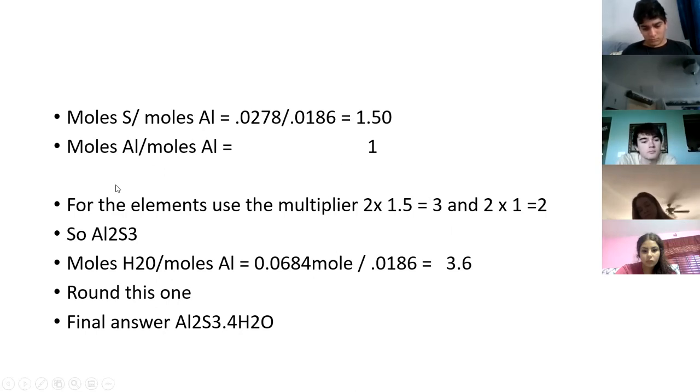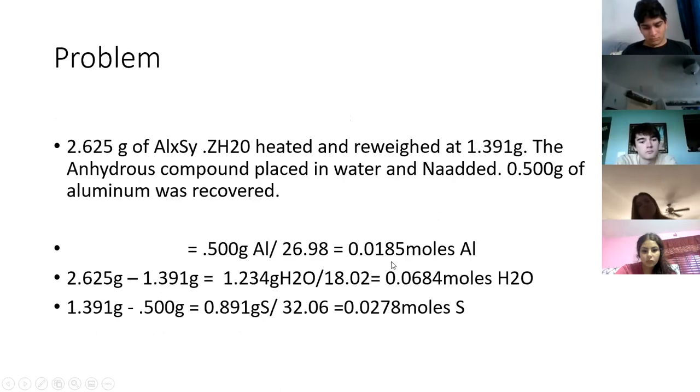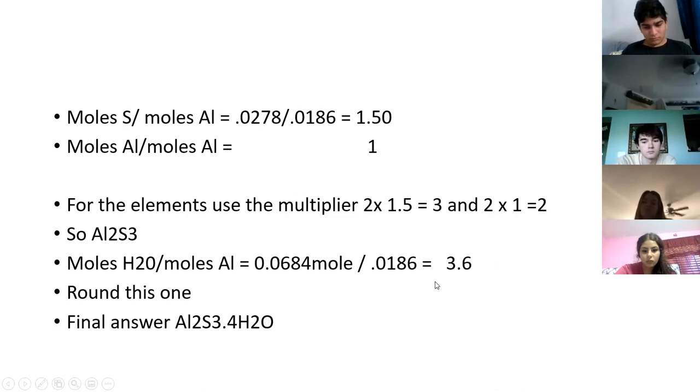It makes sense. Now, if I've got my moles of aluminum and I divide that next into my moles of water, I get 3.6. Remember, I cannot multiply it because the number in front of the Al2S3 has to always be 1.